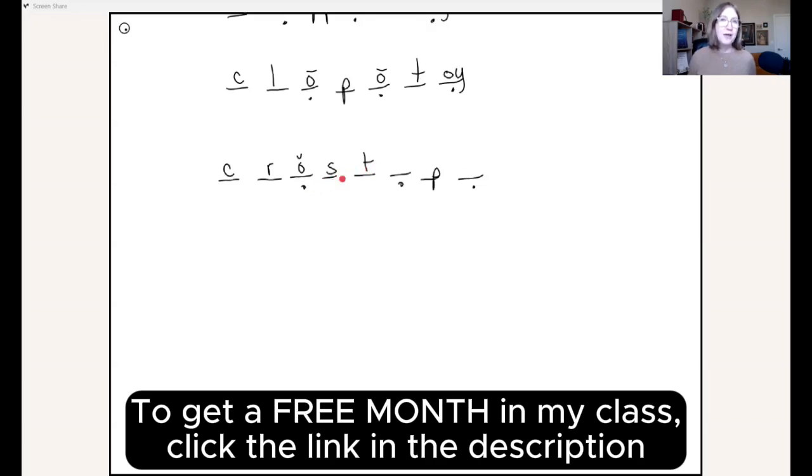There are already two consonants after it, so I don't have to double the S. That might have given you reason to pause there because you know that the word cross has two S's in it. So you might have thought, do I have to double that S, especially if it comes right after a short O? You don't in the middle of words like that because there are already two consonants after it. This O right here is just a single O. O-Y at the end spells that oi sound just fine. Crostopoi.